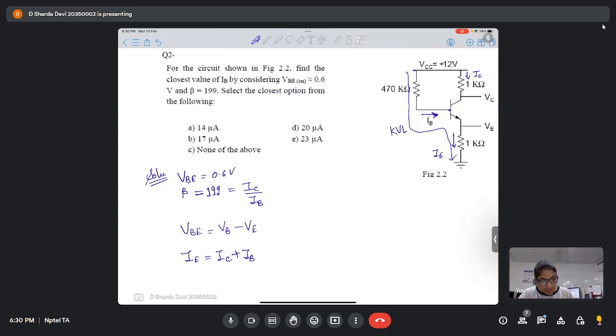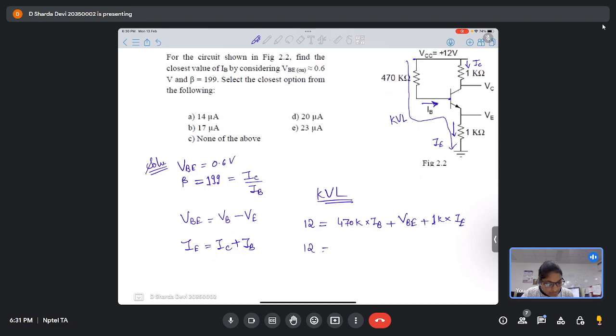If we write the KVL, how will it look? 12 volts is getting dropped across 470 kilo ohms into IB, plus VBE, plus 1 kilo ohm into IE.